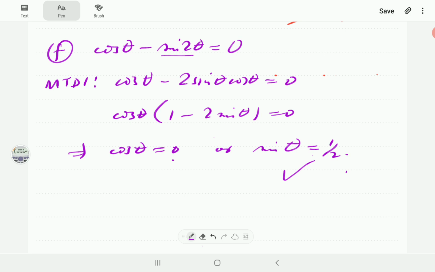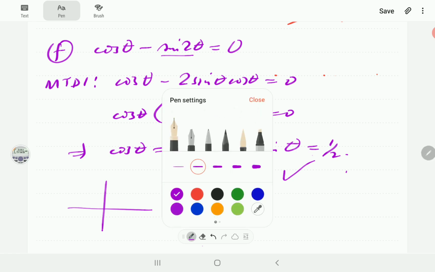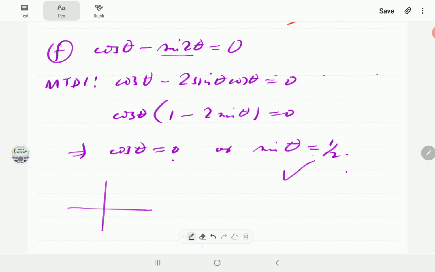So the question we need to ask ourselves is, where is cosine 0? You might recall that this is when theta is 90, but if you don't remember that, we can work it out systematically. We know in the first quadrant cosine is positive, and in the second quadrant cosine is negative.